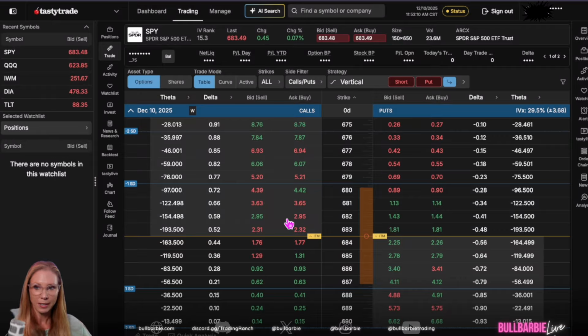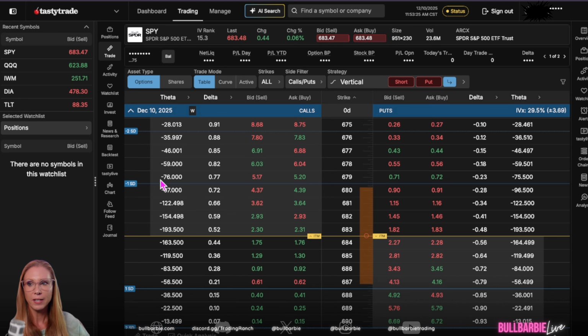So that's what we're looking at here. We're not even dealing in the underlying SPY or Apple or whatever it is. We're literally just speculating in these contracts that are either call contracts or put contracts.